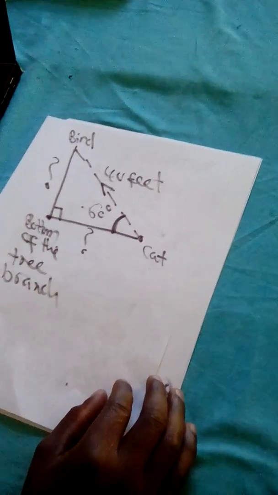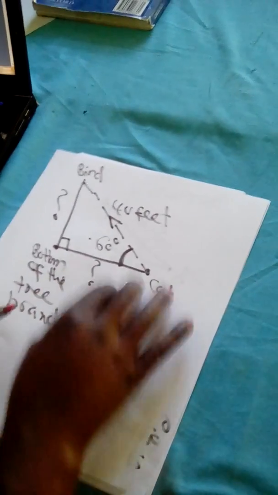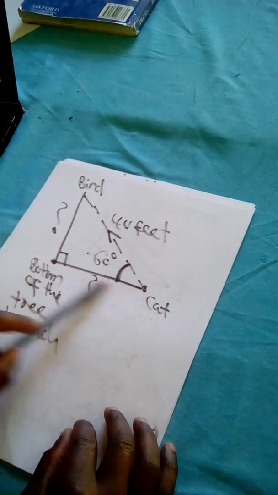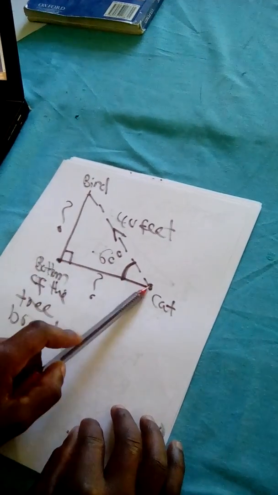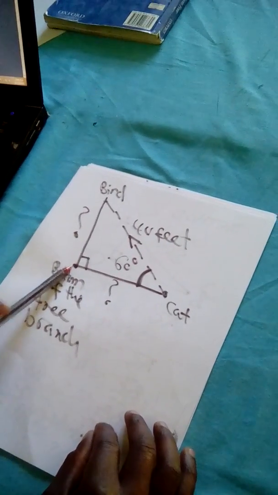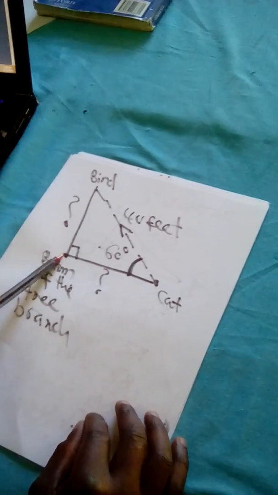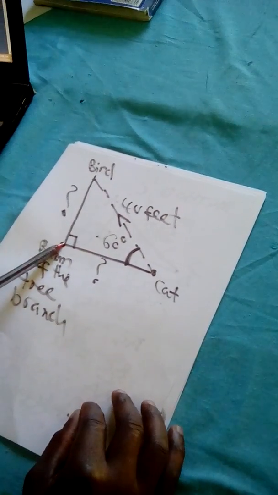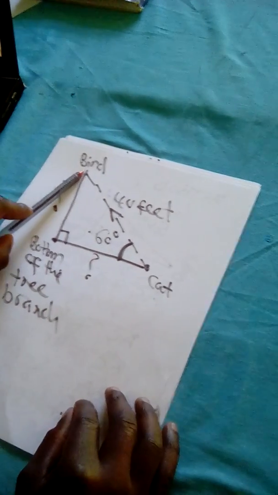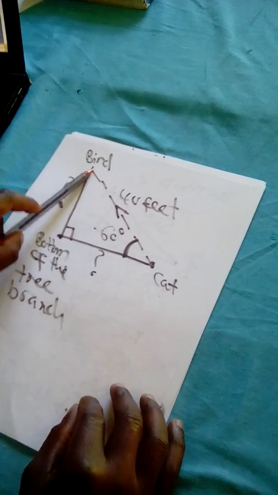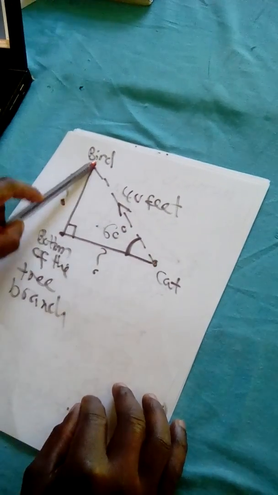If you construct a diagram that will represent this problem here, it will be as follows. This is the horizontal distance from the cat to the point under the tree branch where the bed is hiding, and this is the vertical distance of the bed above the ground, and this is the line of sight from the cat's eye to the bed.